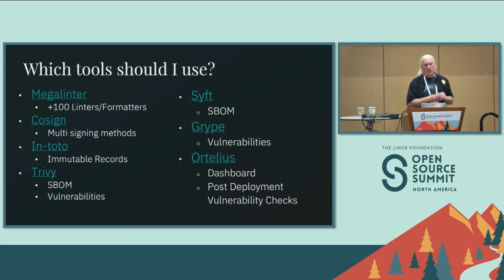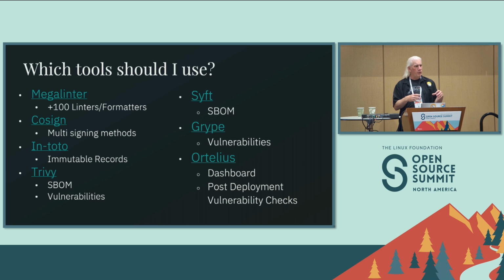Now, when we get down into the pipeline, Trivy and Syft, those two are SBOM generation tools. The difference between Trivy and Syft is Syft just looks at generating SBOMs. It doesn't do any vulnerability scanning. You have to add on the corresponding Grype to do the vulnerability scanning of the SBOM.